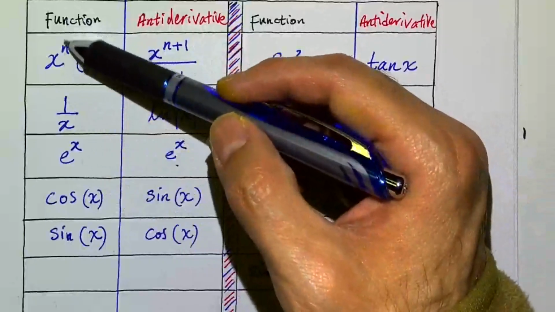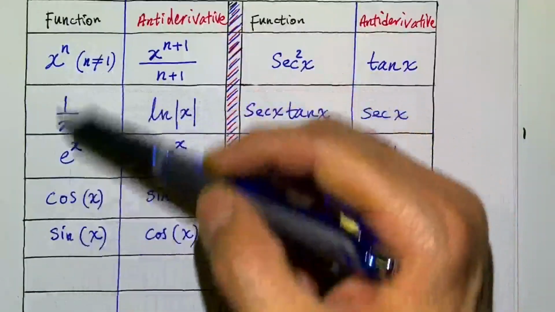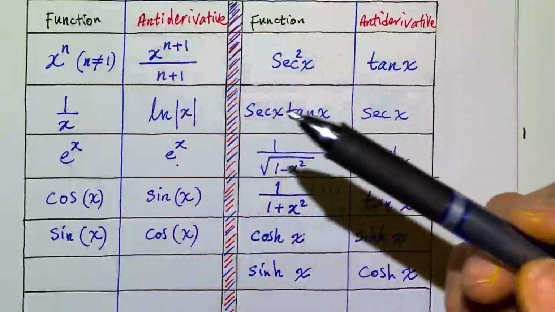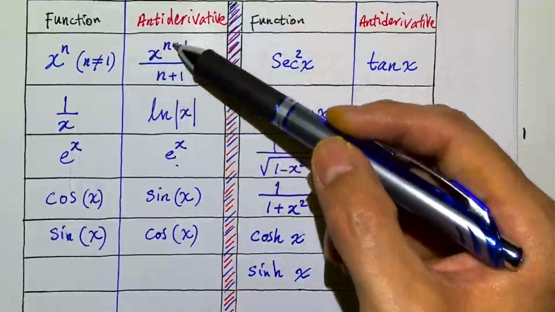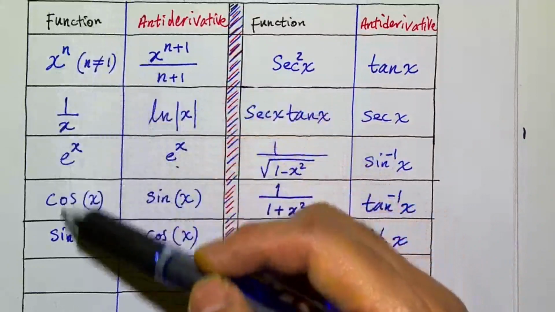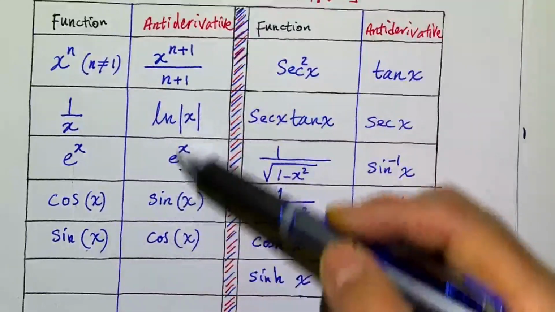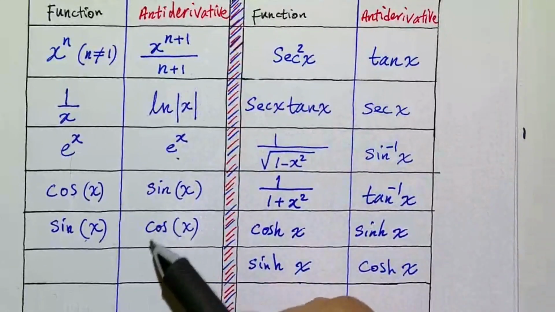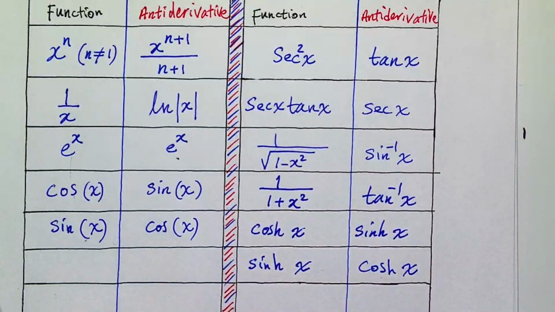So the derivative could, of course, be a function, right? Just like that. But the antiderivative, the function from which this derivative came from, are these, okay? And cosine of x, and of course this, because the derivative of cosine is minus sine of x, right?